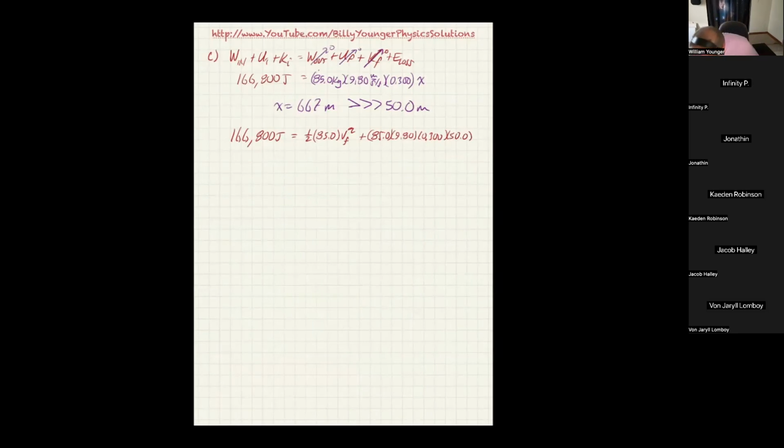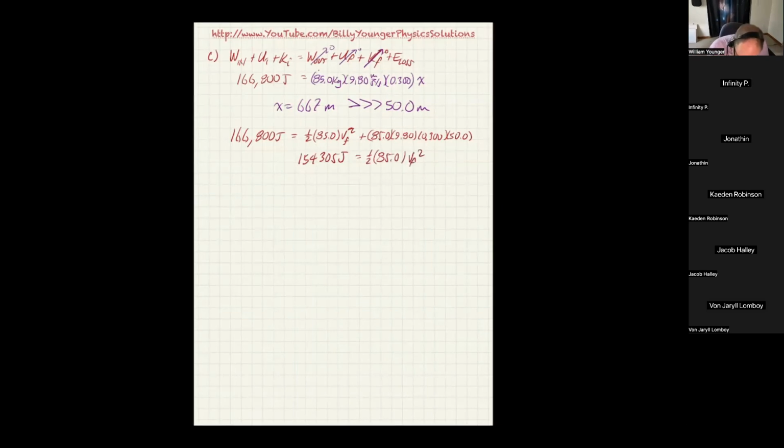Okay, so 166,800 minus (85 times 9.8 times 0.3 times 50). That gives me 154,305. Way more sig figs than is really relevant. And that's all equal to 1/2 85.0 times v final squared.